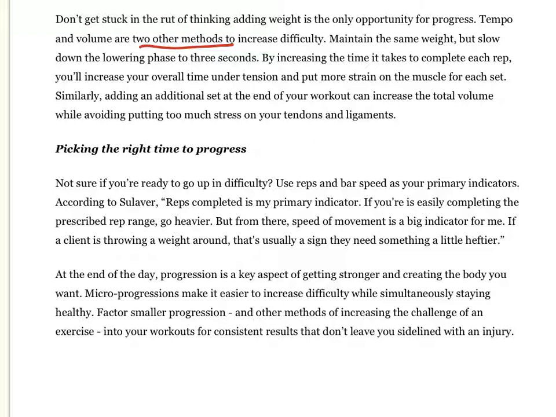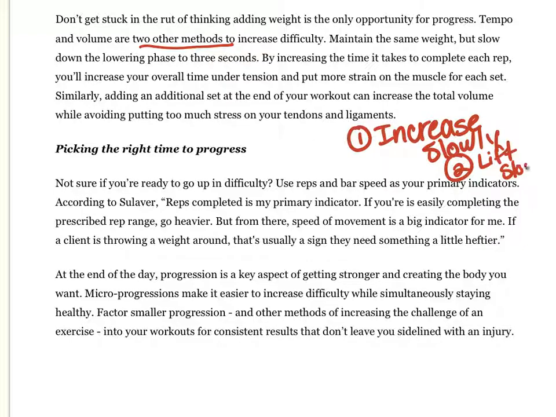One is by increasing the weight amount slowly, and the other is by going through the motion of lifting slower. Should I ever decide to start lifting weights, this could be helpful information to me.